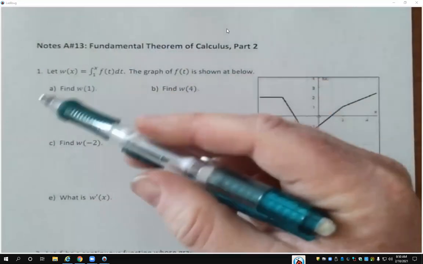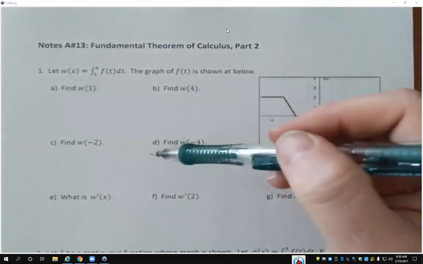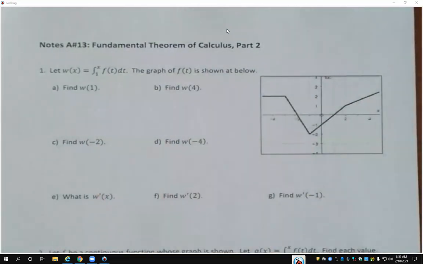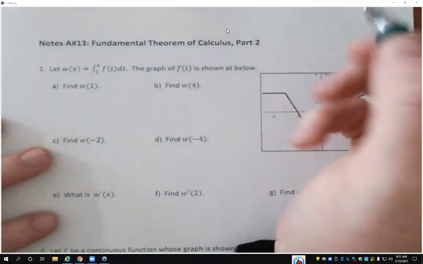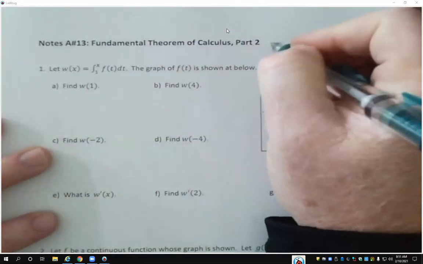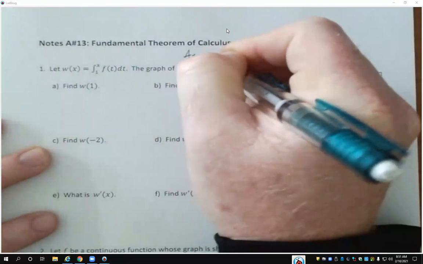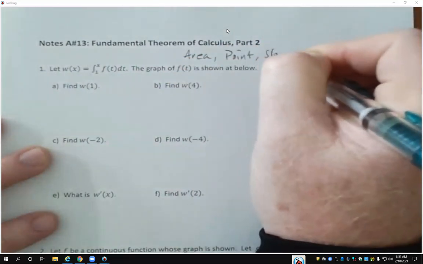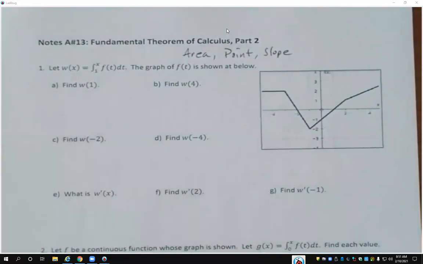When we're doing problems like this, whether it's algebraically or graphically or whatever, you need to understand that there are three things that we are looking for. We're either trying to find an area, a point, or a slope. Okay, an area, a point, or a slope.